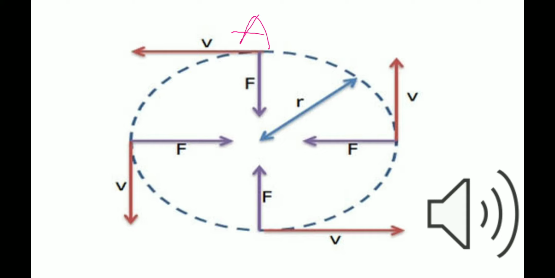As the body is moving in anti-clockwise direction, if I take point A, the velocity of the body will be in the direction given by the tangent in the anti-clockwise direction. Understood?